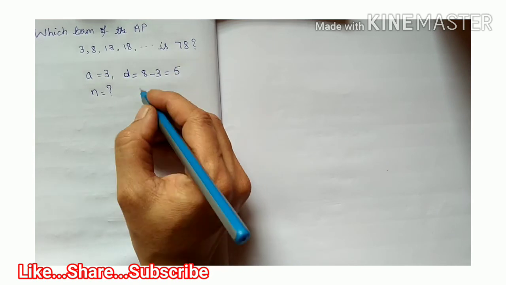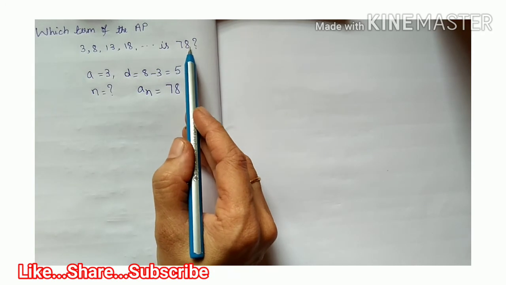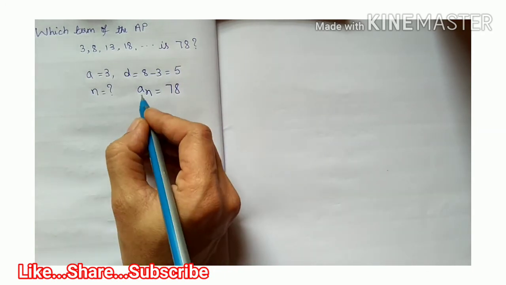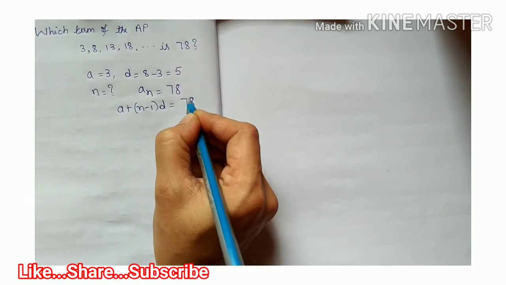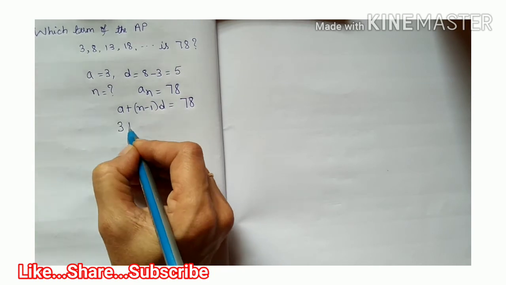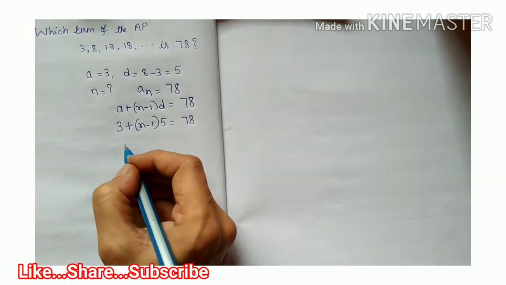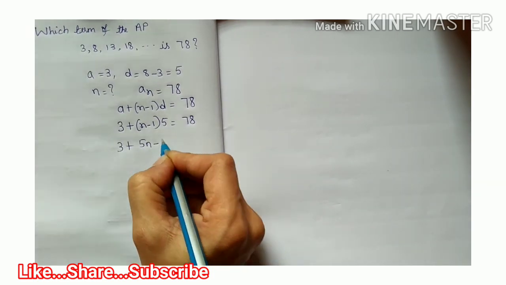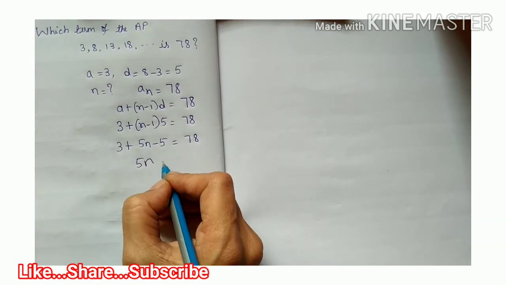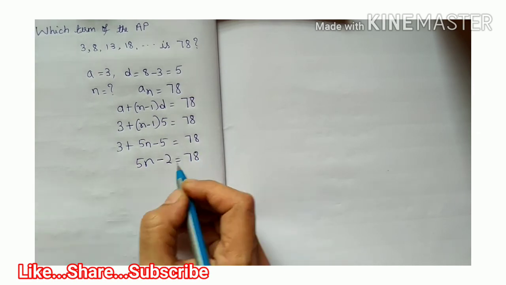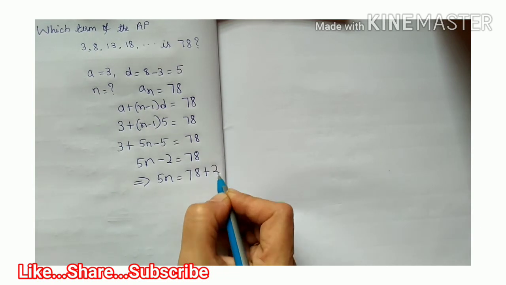We can take an is equal to 78. Therefore, we know a plus n minus 1 into d is equal to 78. A is the first term, into n minus 1, d is 5, is equal to 78. 3 plus 5n minus 5 is equal to 78. 5n plus 3 minus 5, minus 2, is 78. It implies 5n is equal to 78 plus 2, 80.